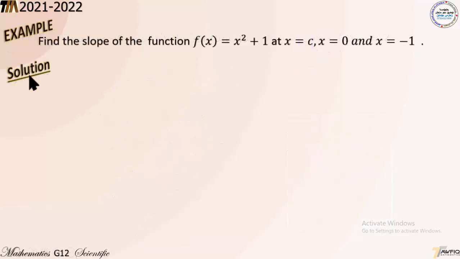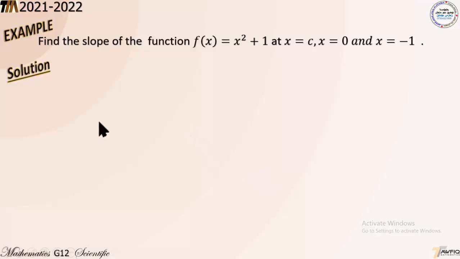Example number 2. Find the slope of the function f of x equals x squared plus 1 at x equals c, at x equals 0, and x equals minus 1. Here, we cannot do as we did in the example before.